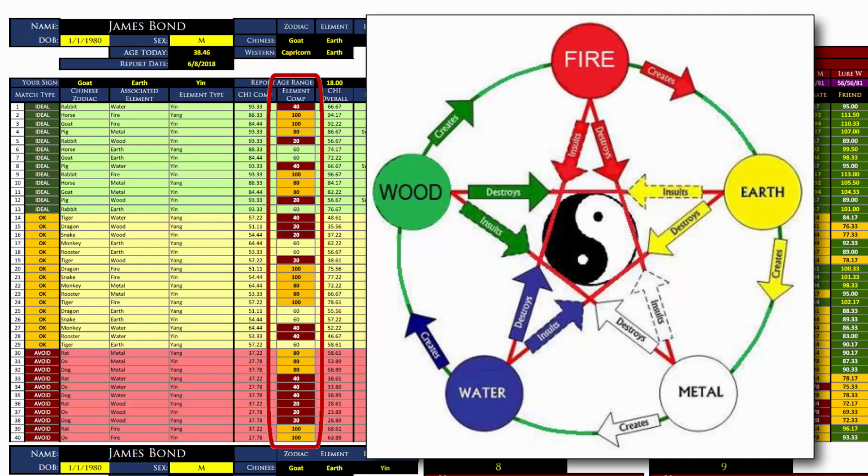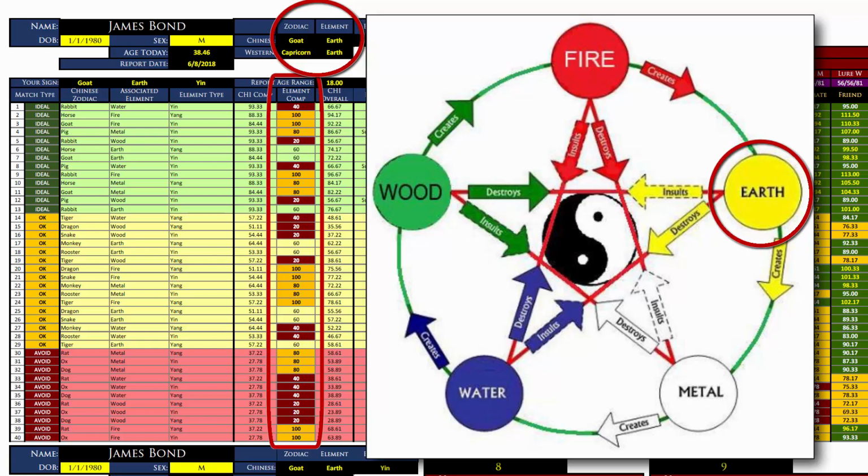And then based on the associated element, because we understand that James Bond's element is goat and earth, how well can his earth element get along with the element of the Chinese horoscope mentioned here, based on the year that these compatible candidates are in?